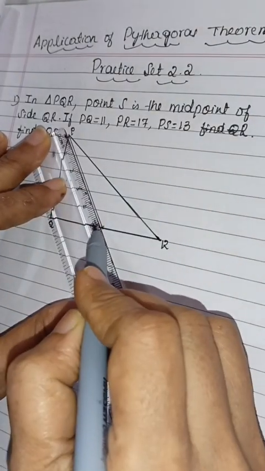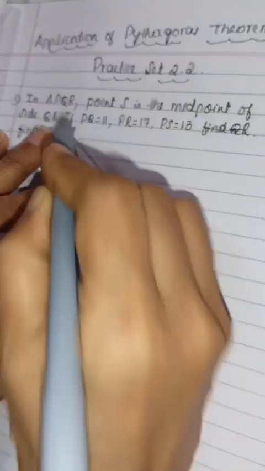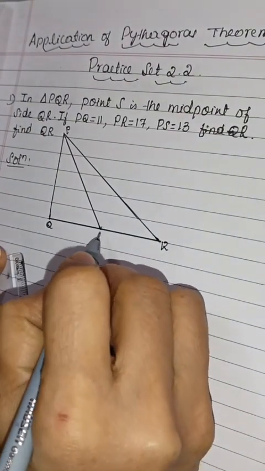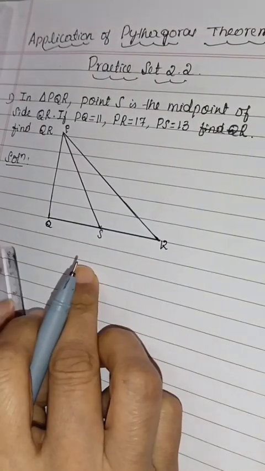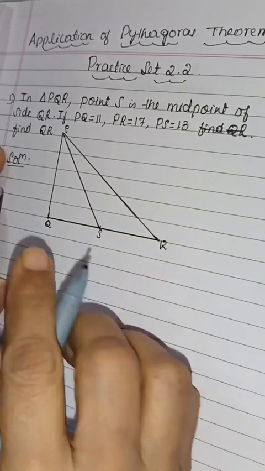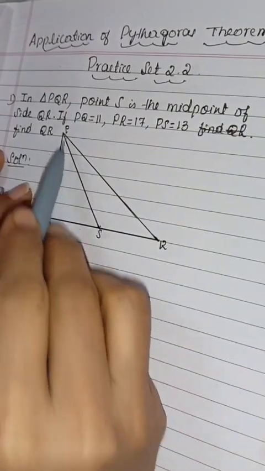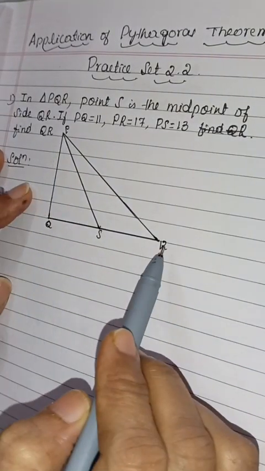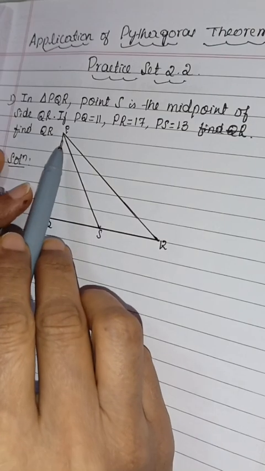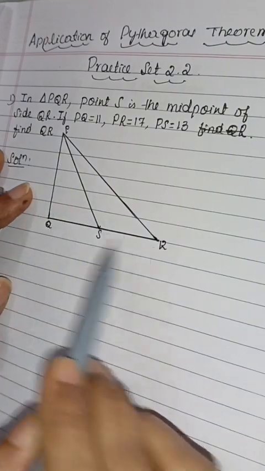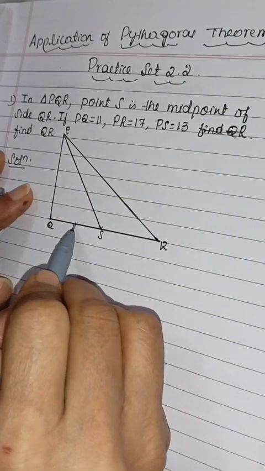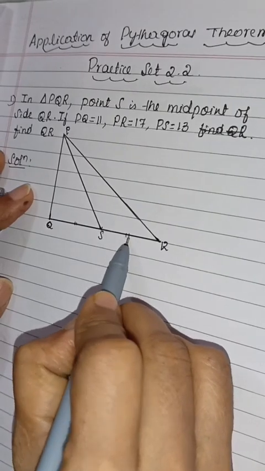So S is the midpoint of side QR. So PS is the median of triangle PQR. Median means this PS divides side QR in two equal parts. So these two are equal.